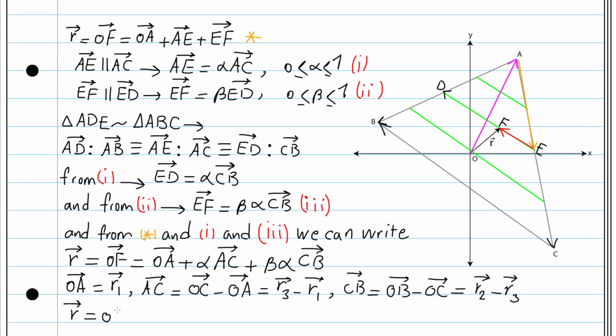R equals OF equals R1 plus alpha times (R3 minus R1) plus beta times alpha times (R2 minus R3).